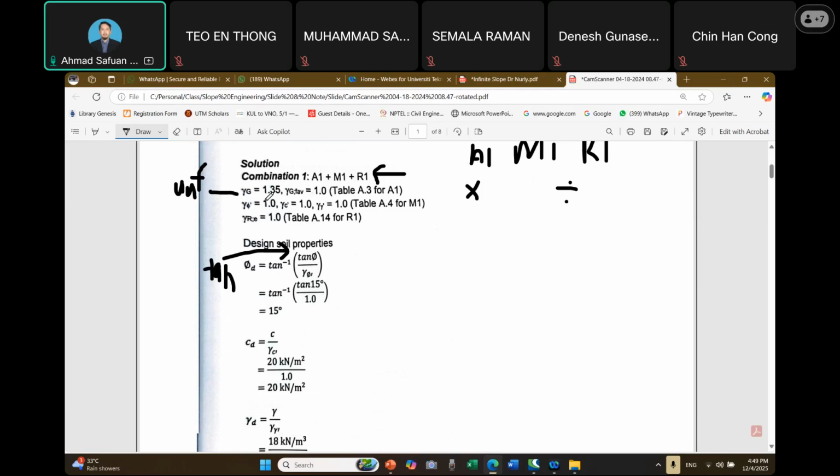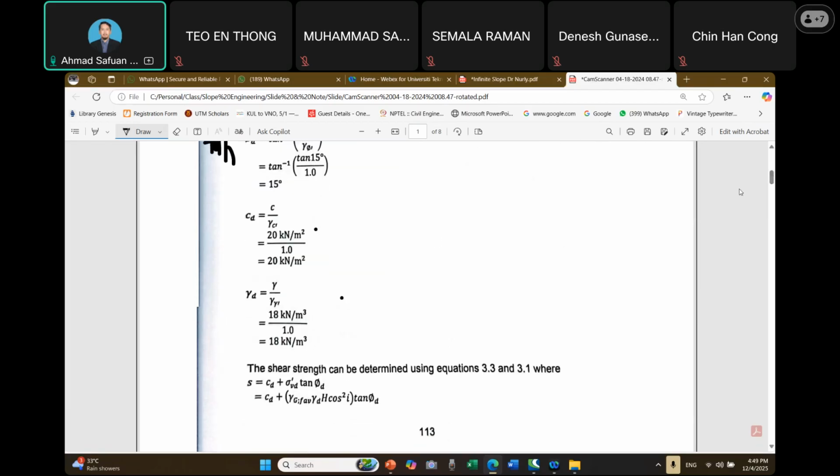Later on we can see that if we do not use the tangent approach, definitely we will have a difference, or we make a mistake in solving the problem. So that is for phi d. Then we go for cd. Then gamma d.